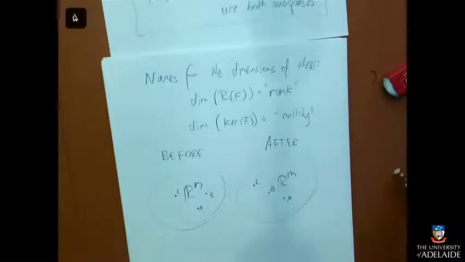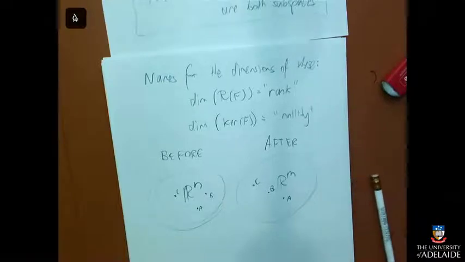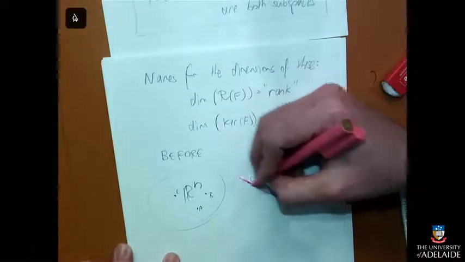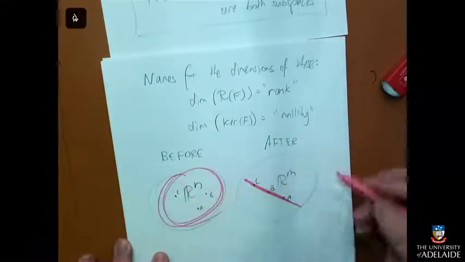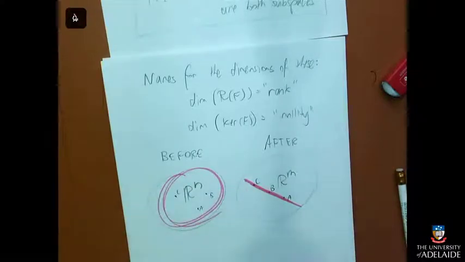If I collect together all of the answers, I might produce, say, a line. It could be a plane, but anyway.